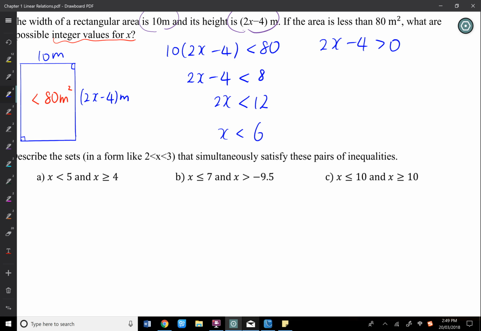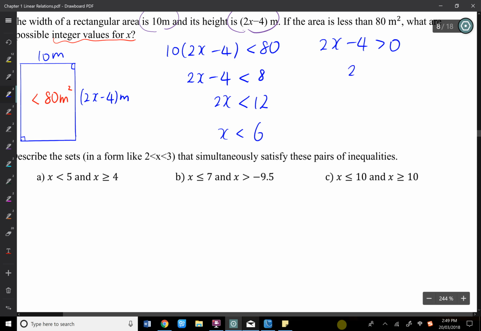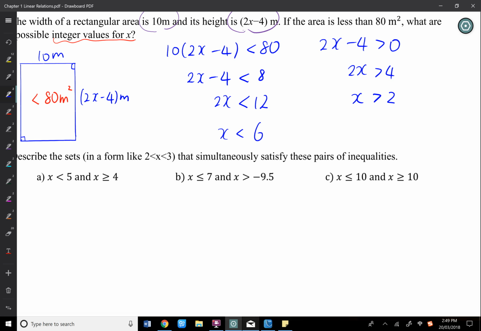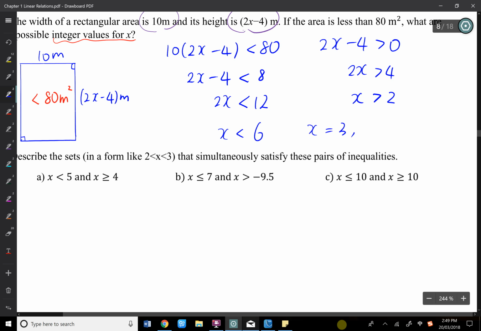So you need to restrict that to a positive value as well. So what I have here is 2x greater than 4 and x greater than 2. So you need x at the same time to be greater than 2. So what's the possible solution here? X can only be 3, 4, and 5.